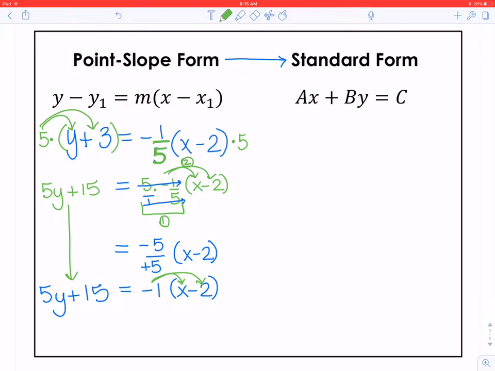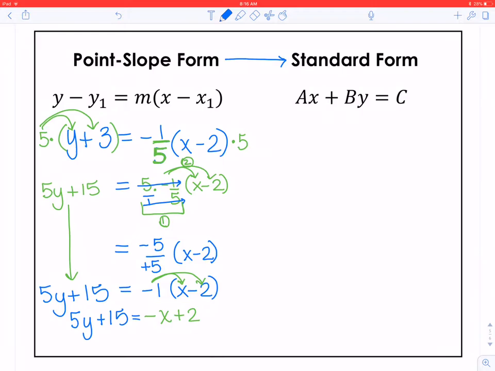So distributing, we would have negative 1 times x is negative x. Negative 1 times negative 2 is a positive 2. So 5y plus 15 is equal to a negative x plus 2. Now, if I want to go to standard form, I need x and y on the same side. If I were going to slope-intercept form at this point, I could totally do that.